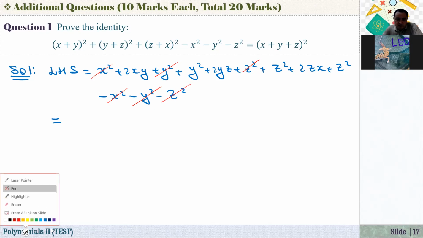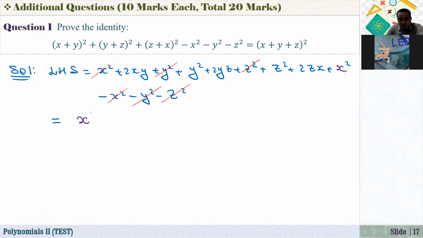So now if we just regroup this, what we have here? X squared, y squared, z squared. Okay, the last one is actually this x squared, not z squared. So I have 1 x squared. Let me just write step by step.